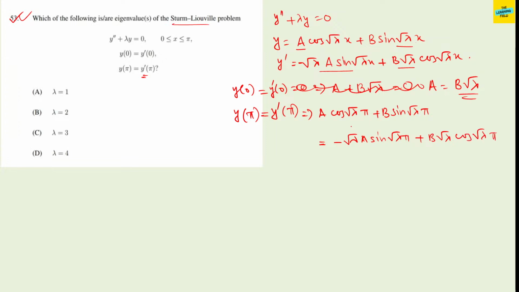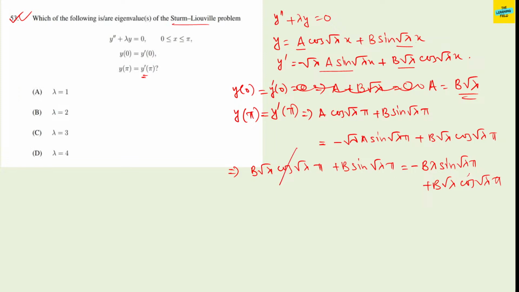Now if we put a equal to b root lambda, then this gives b root lambda cos root lambda pi plus b sine root lambda pi equal to minus b lambda sine root lambda pi plus b root lambda cos root lambda pi.